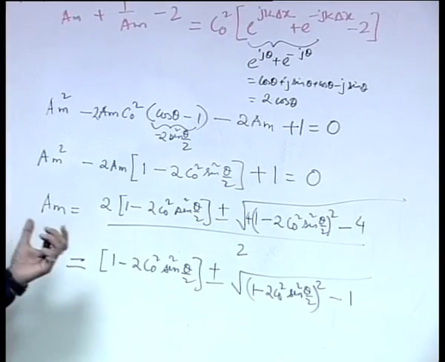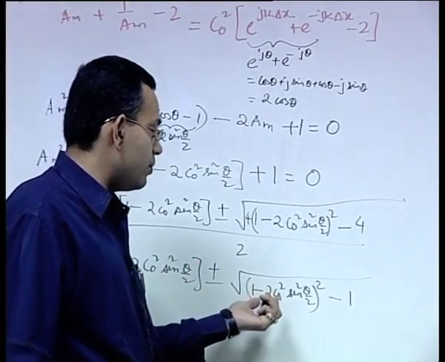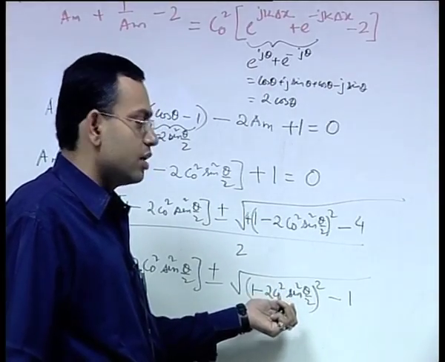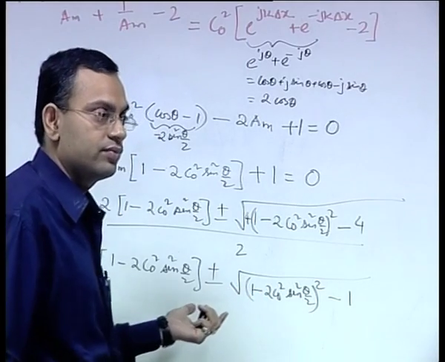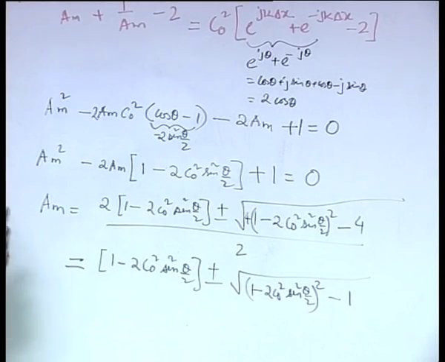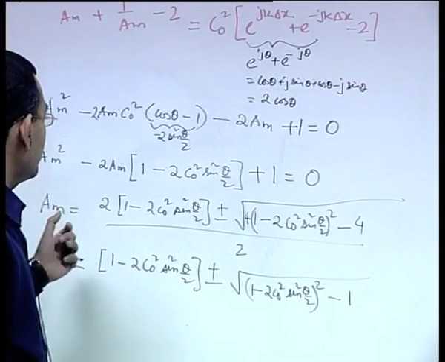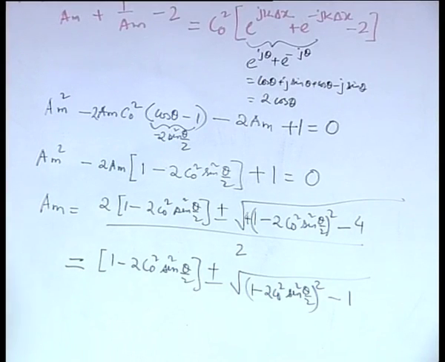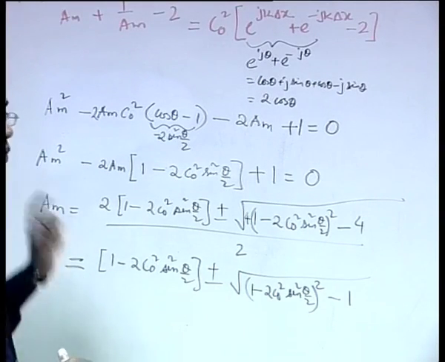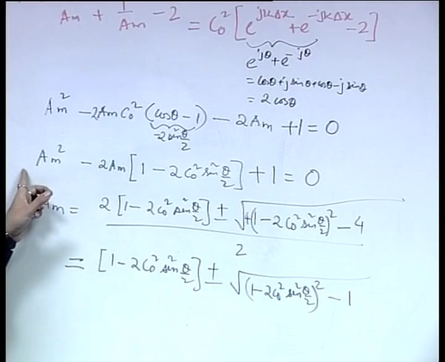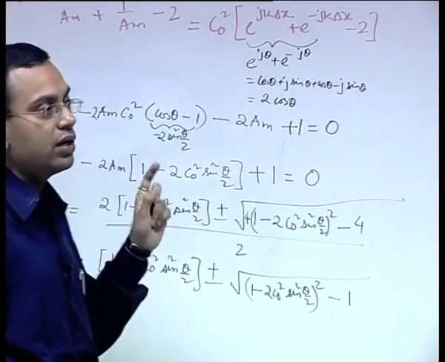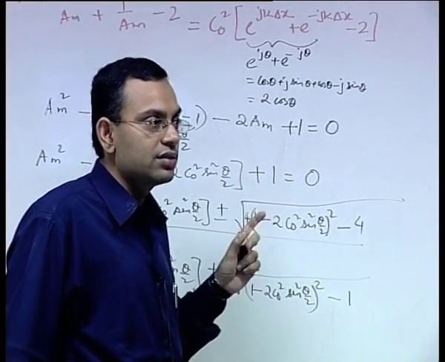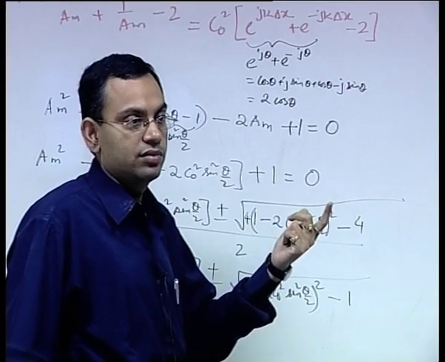Now, this clearly depending on the value of C naught could assume real roots as well as imaginary roots. So, first of all, if you consider the real roots, no matter whether the roots are real or imaginary, what is the product of the roots of this quadratic equation? 1. So, if the two roots are real, if one of the roots is less than 1, then the other will be greater than 1.